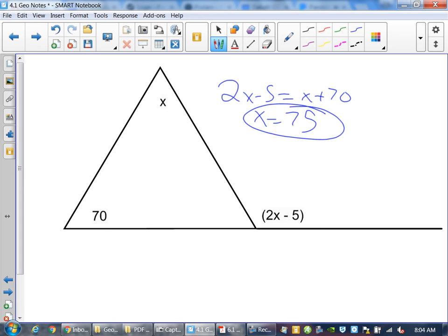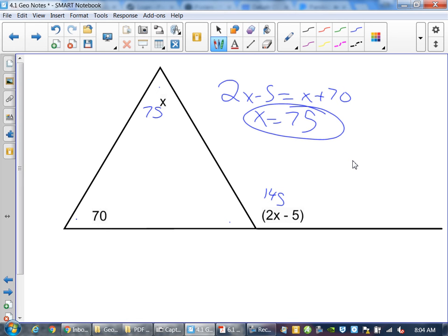Now, if you watch how this works, if you substitute that 75 in, obviously you get 75 degrees here. Are we okay with that? And then down here, if you double 75, you get 150, right? 150 minus 5 is 145. Now, how many degrees are inside a triangle? 180.